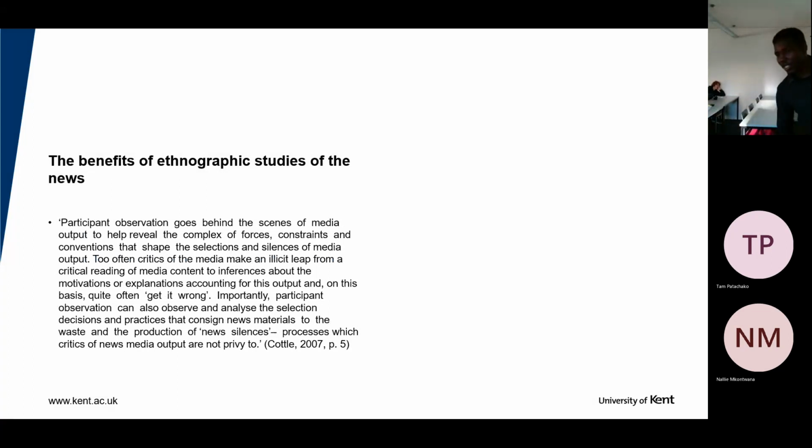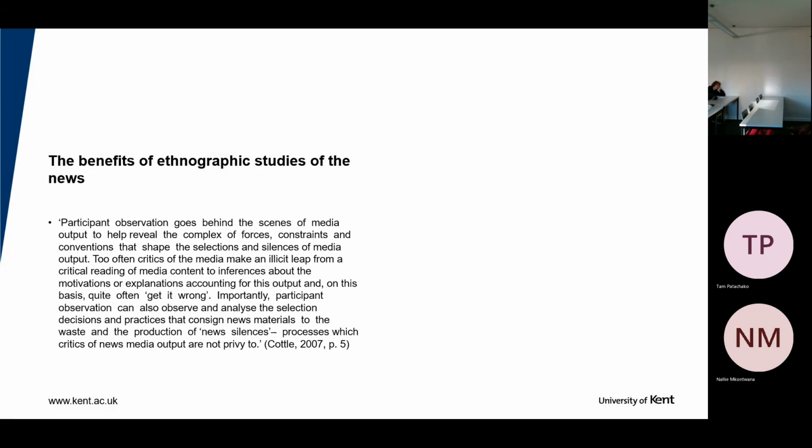Critical reading of media content leads to inferences about motivation and explanation, accounting for these outputs, and on this basis quite often gets it wrong. Importantly, participant observation can also observe and analyze the selection decisions and practices that consign news materials to the waste and the production of news silences.